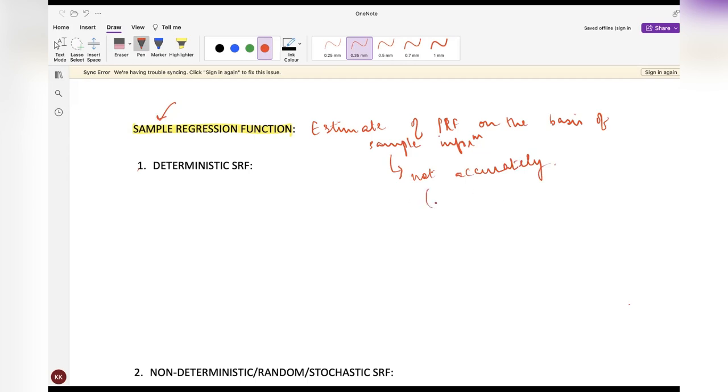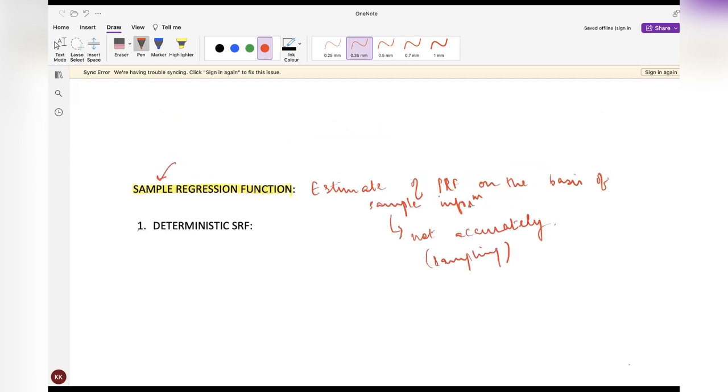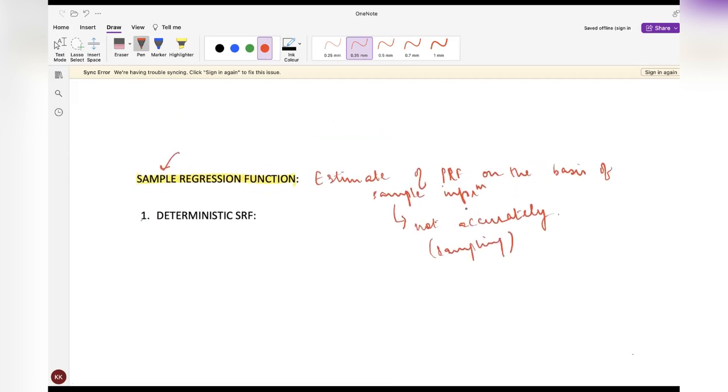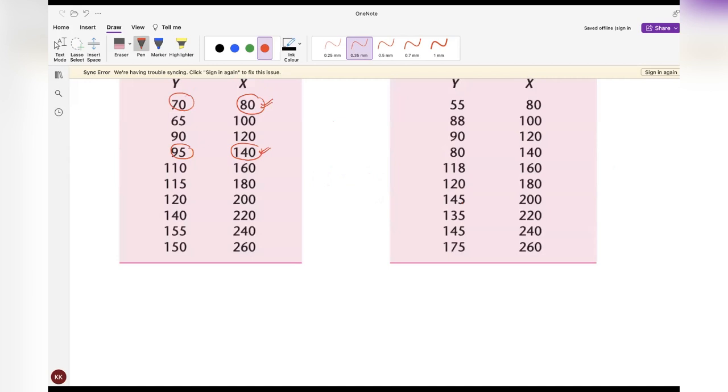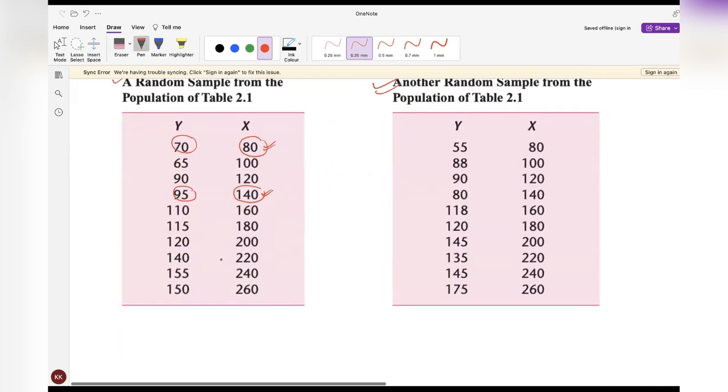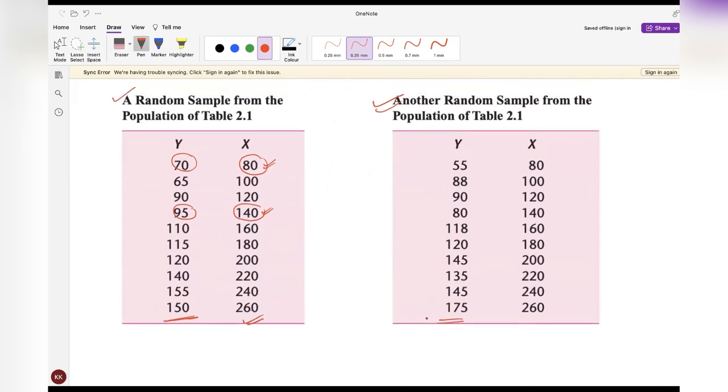Why is that? The reason behind that is sampling fluctuations. Different samples will actually give us different estimated values, right? So for instance, the conditional mean I am going to get from this sample will vary as compared to the conditional mean that I am going to get from sample number 2.